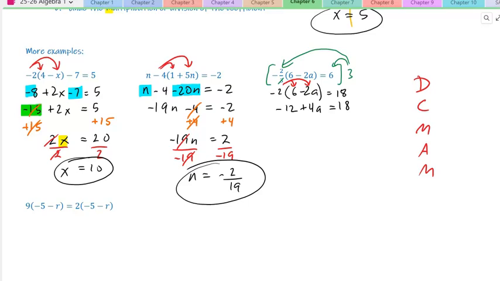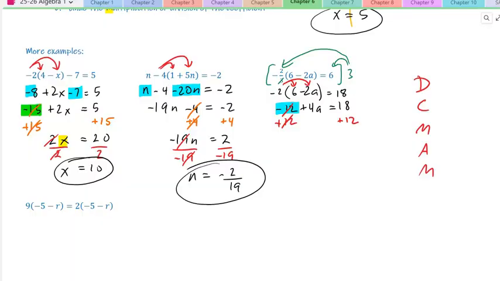Combine like terms. There are no like terms to combine on either side of the equation. I don't need to move the variable from one side to the other because it's already on one side. So I'm going to undo the adding or subtracting of a constant. I've got this constant here of the -12, so I'm going to undo that by adding 12 to both sides of the equation.